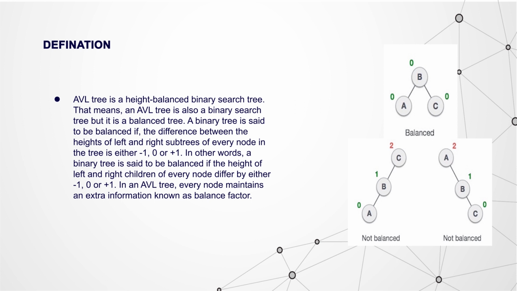In other words, the heights of the left and right children of every node, the root node and all the internal nodes, differ by a balancing factor of -1, 0 or +1. I will discuss in the next slide how we calculate the balancing factor.